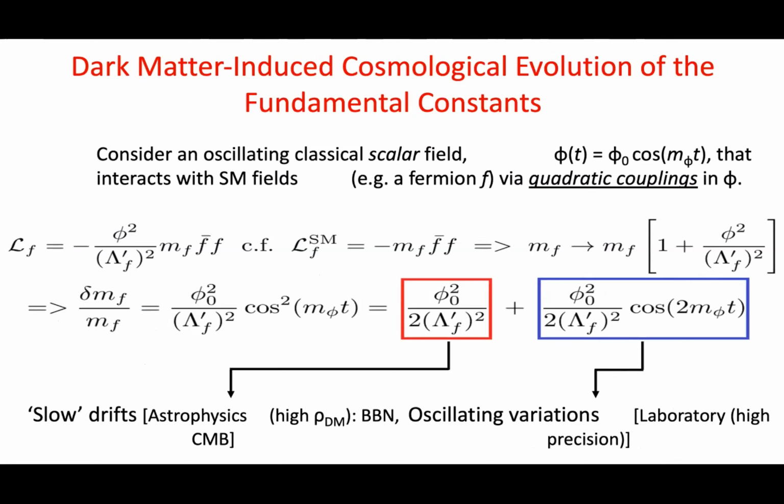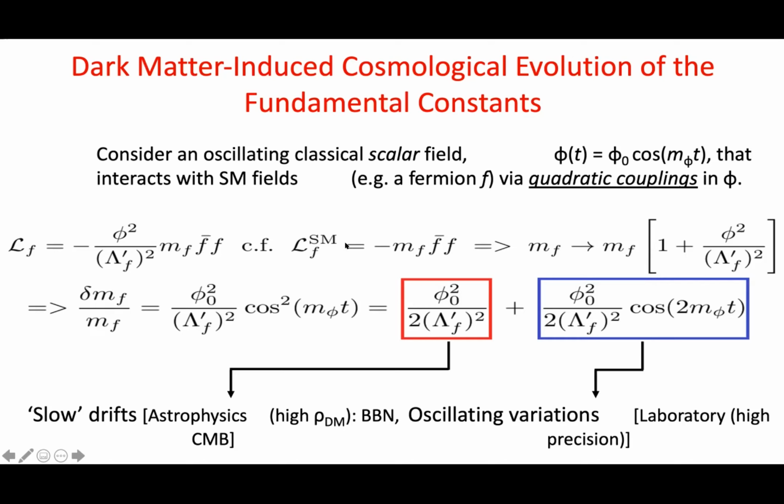So why variation of mass? Why do we have dark matter causing variation of a fundamental constant? It's just a convenient trick. For example, the mass term is proportional to the fermion spinor combination, the usual mass term. Interaction with scalar dark matter is also proportional to the same scalar combination of fermion spinors.